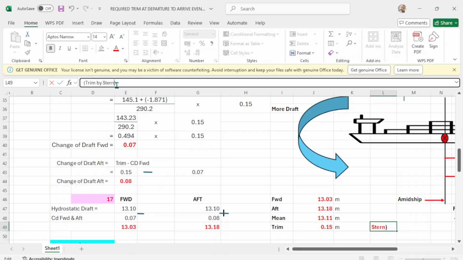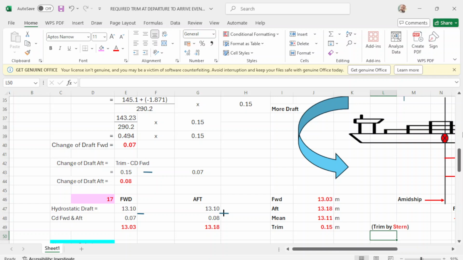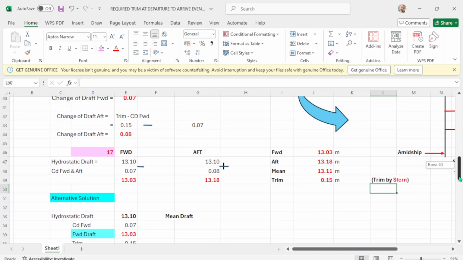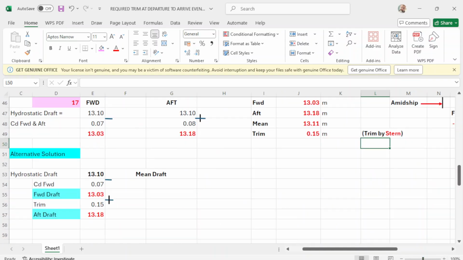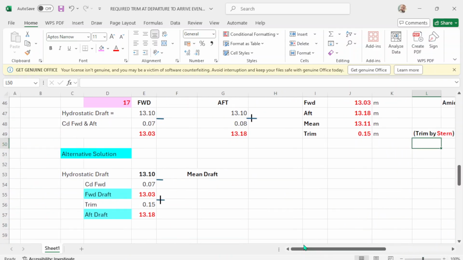Okay, and another solution is from your hydrostatic drop, 13.10 minus your change of drop forward, 0.07, and your forward drop will be 13.03 plus your trim of 0.15. Your aft drop is 13.18.